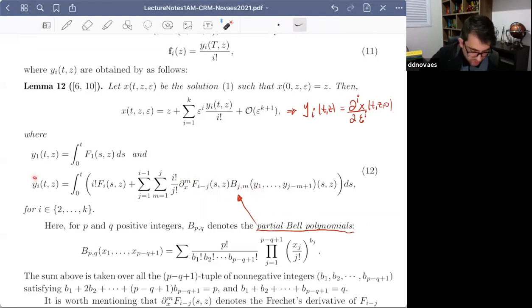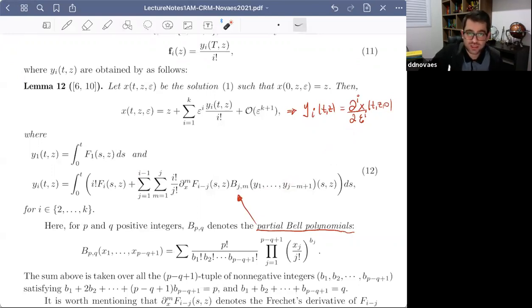Here we have y1 up to y j minus m plus 1. And if we look at the extreme of the sums, we see that it's at most i minus 1. Okay, so this is a recursive formula.